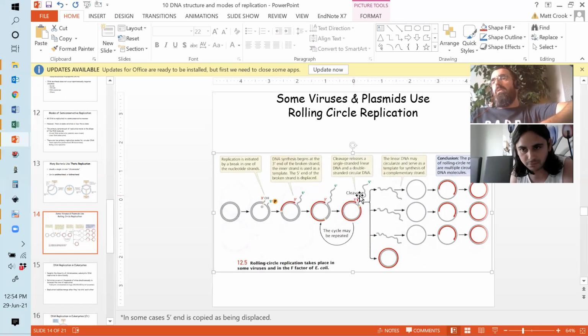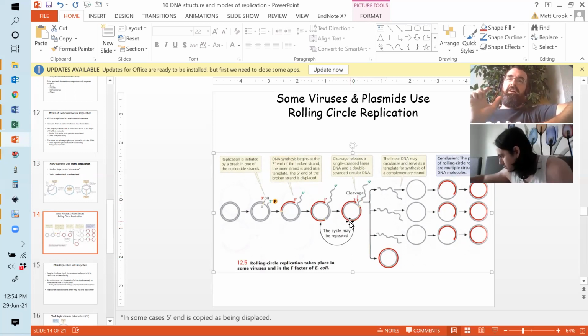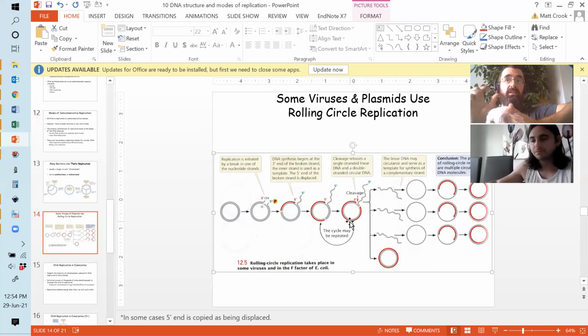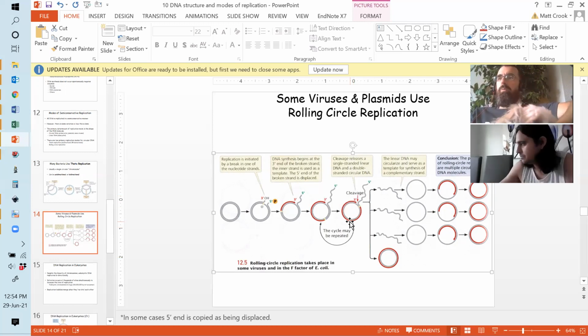And so once you have that, now you have a replicated, well, one strand at least. So you now have a copy, and you have the linear bit of DNA which was peeled off, that was replaced by the newly synthesized strand that you see here in red.